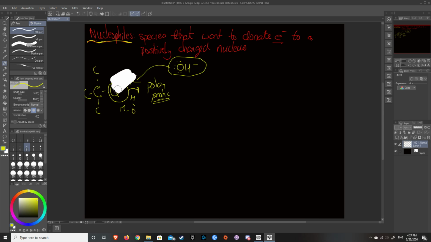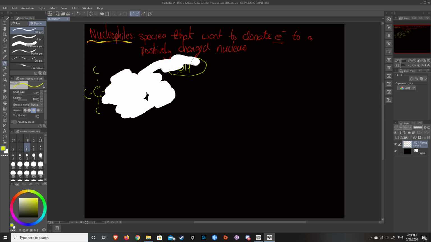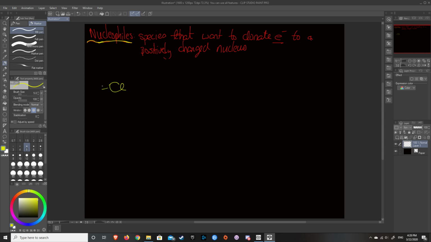But what you start to see in more advanced organic chemistry is that when we start to compare, if we had chlorine as the leaving group, and fluorine came in, what would be the better nucleophile in this case? Or if bromine came in, what would be the better nucleophile in this case?